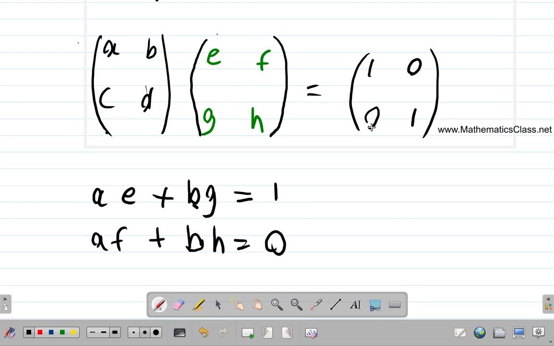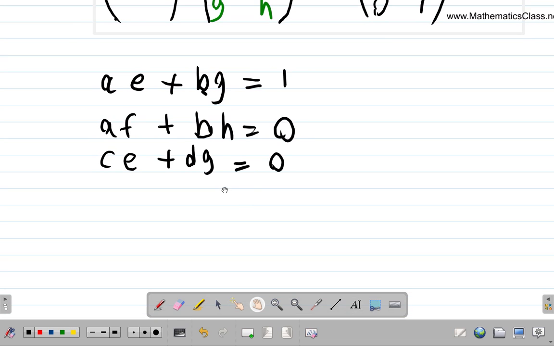Now this 0 here is in row 2, column 1. So we must multiply row 2 by column 1. So multiply the first elements, that is CE, plus the second elements multiplied, DG. So it's DG, and that is equal to 0. Okay.